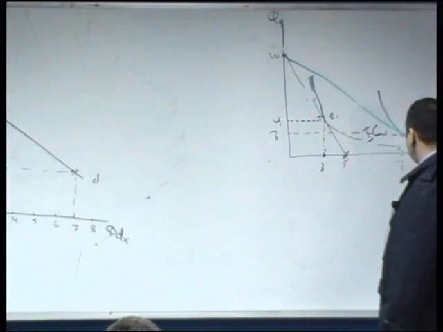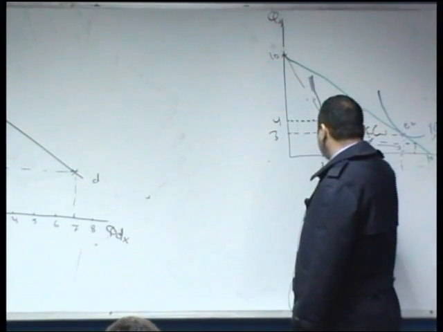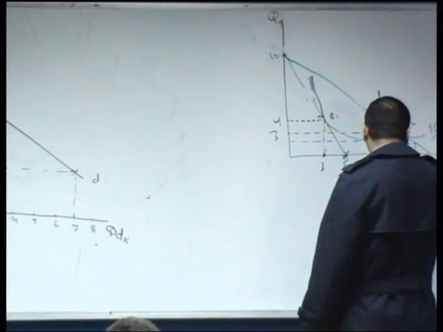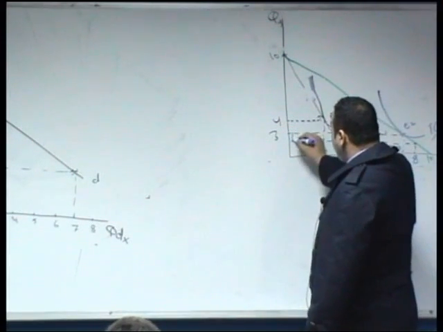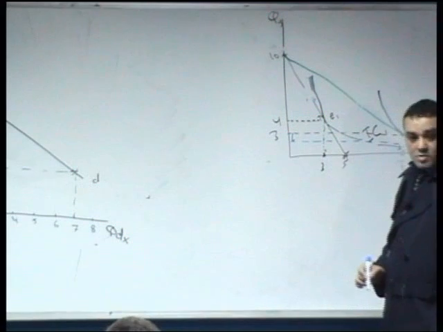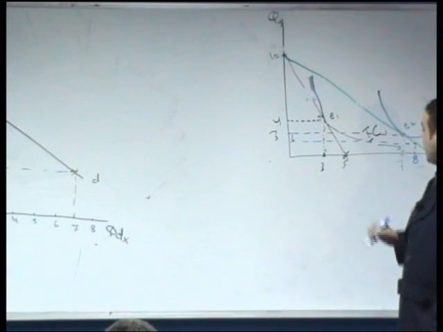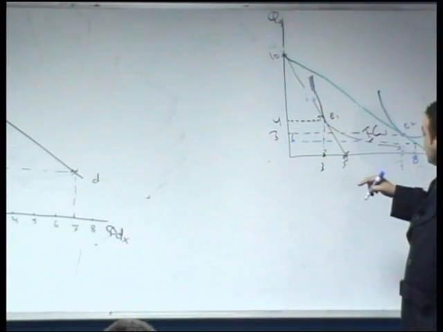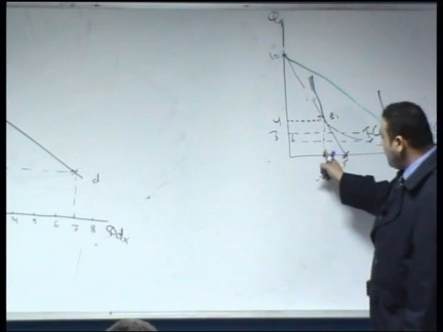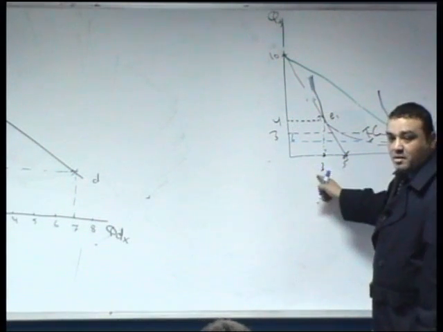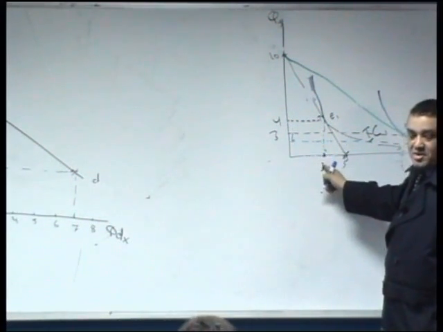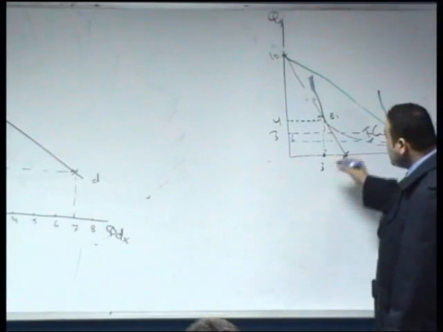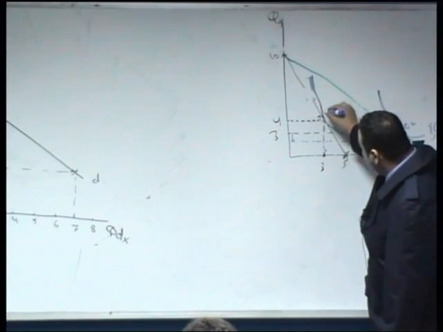How much is the quantity X? It would be lower than 3. 2? Okay, 2. If the quantity of X that maximizes the total utility for the consumer or achieves the equilibrium was 3.